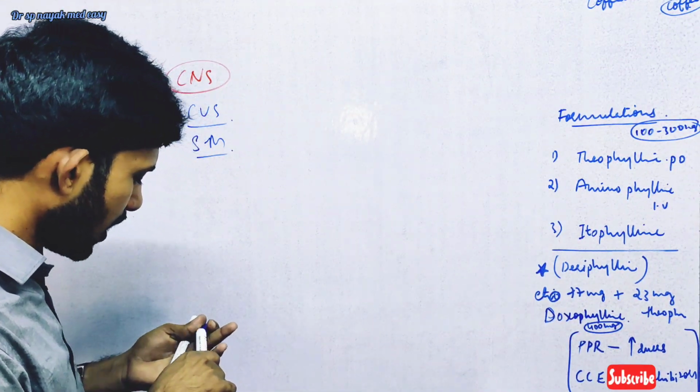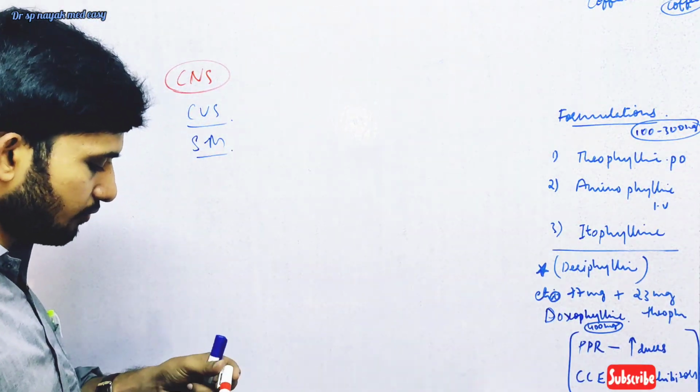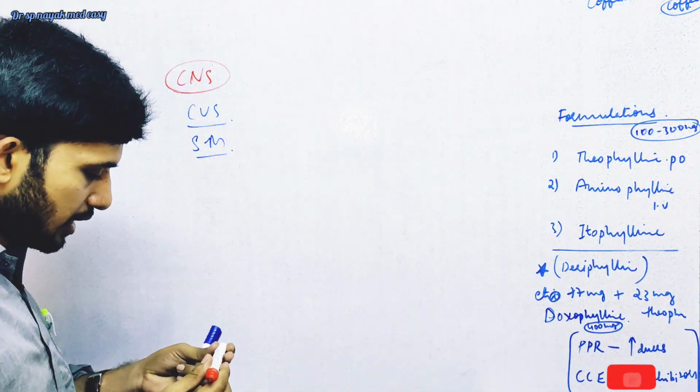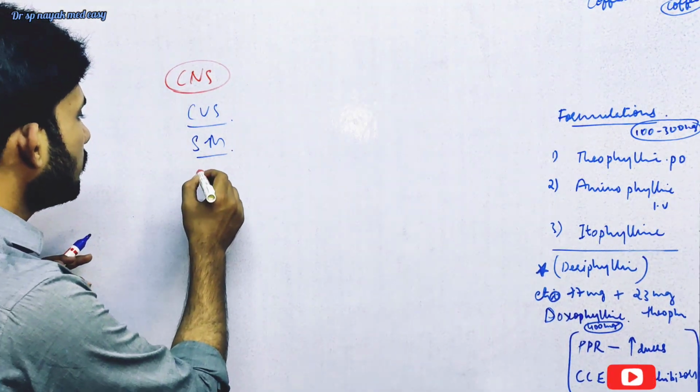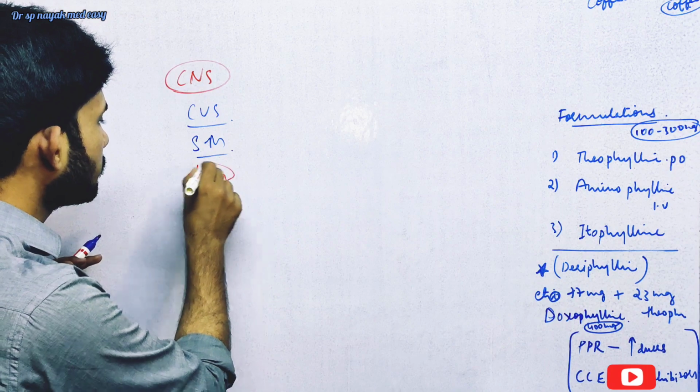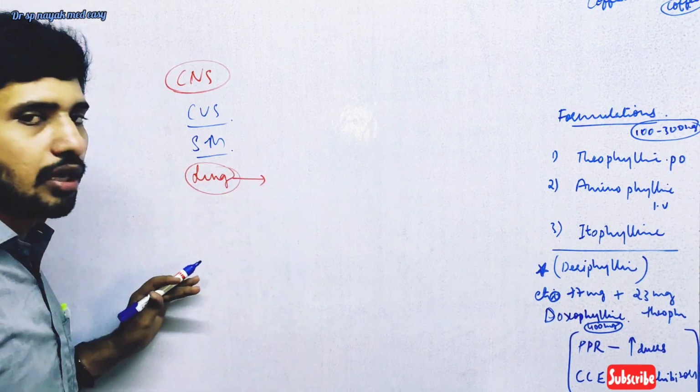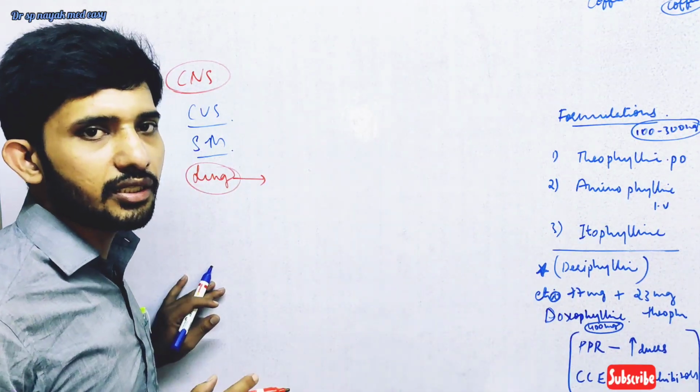And next we have some other pharmacological actions of methylxanthines. Methylxanthines on the lungs, this is very important, and I'll explain the mechanism here itself.